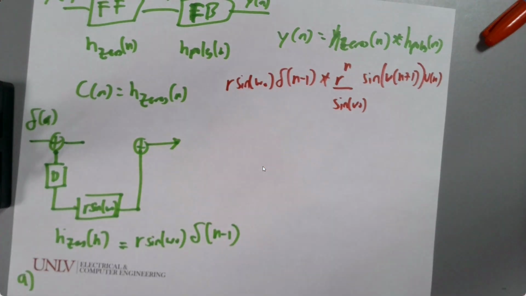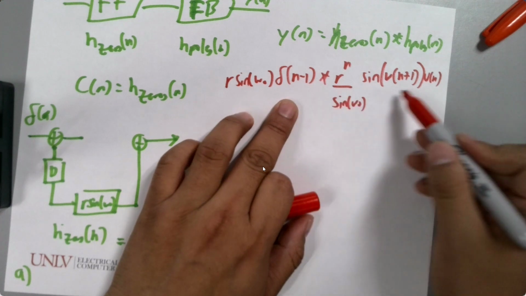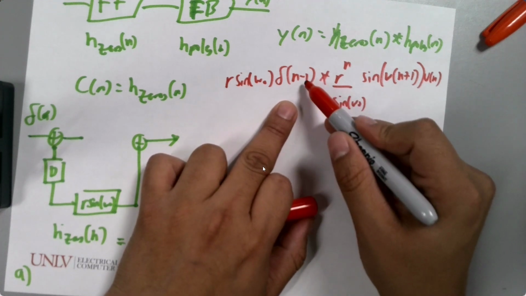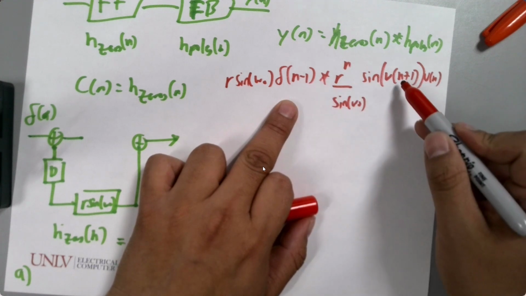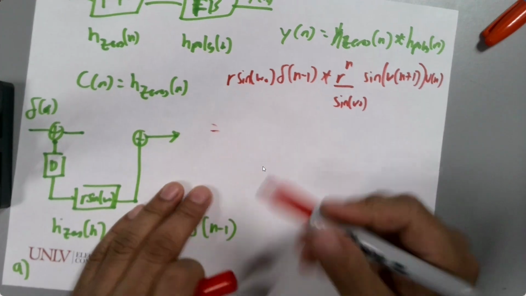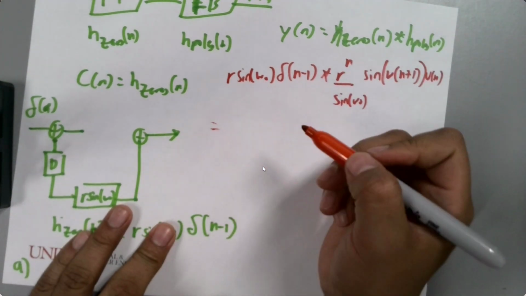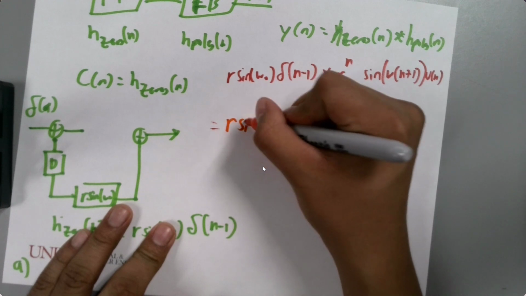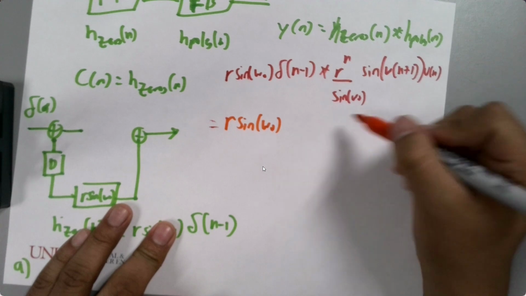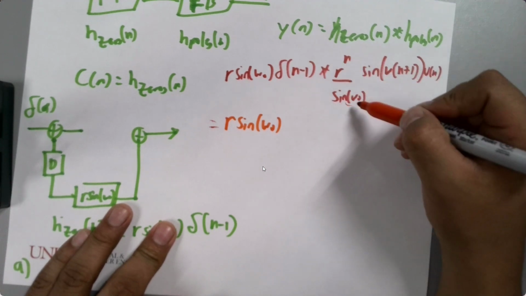Okay? So what happens when we convolve a delta function with anything? We get the anything back. However, this is telling us, hey, delay this. So all the n's get delayed. So r sine omega naught is a constant. It's some coefficient. It's just a number. And then this, actually, here's the sine omega naught right here.